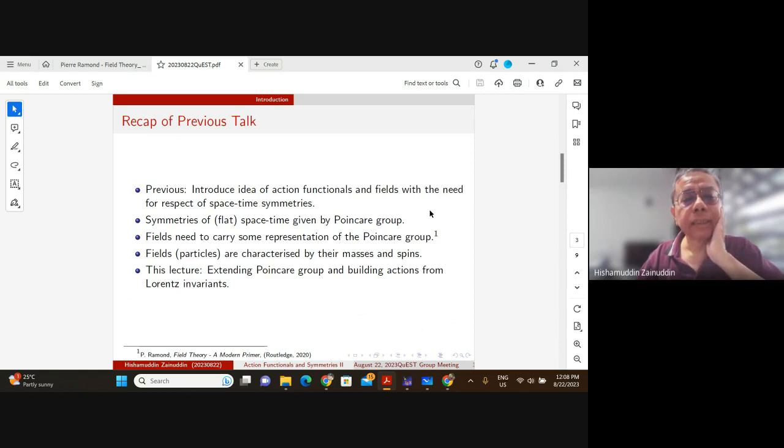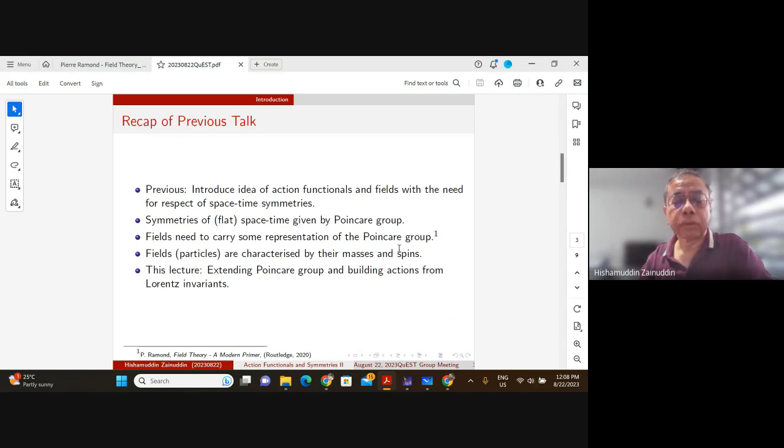And then the symmetries that we talked about in the previous talk were for the flat space-time, where the symmetries are given by the Poincare group, and the fields themselves have to carry some kind of representations of the Poincare group. These are all from Ramon's field theory book.